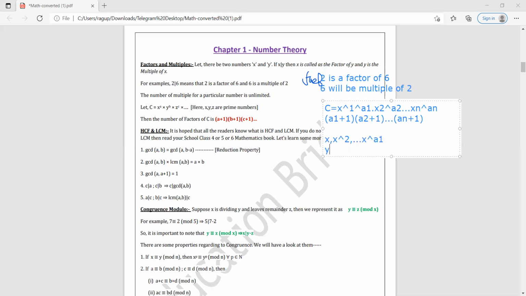Similarly, we have y as a factor, y square as a factor, dot dot dot, x2 dot dot dot x2 raised to a2. So there are a1 factors here, a2, and similarly there will be a1 plus a2 dot dot plus an such factors.